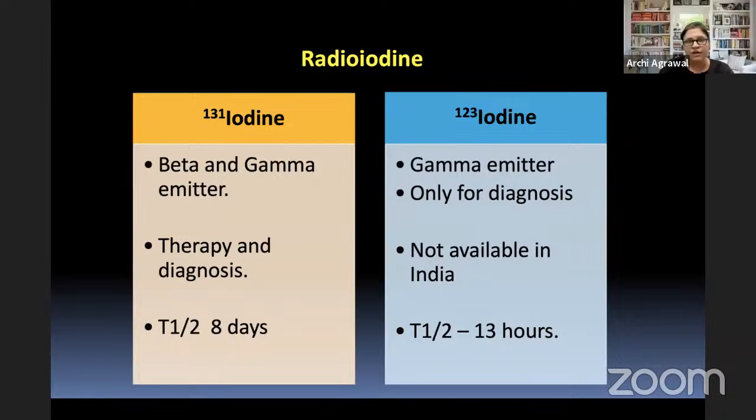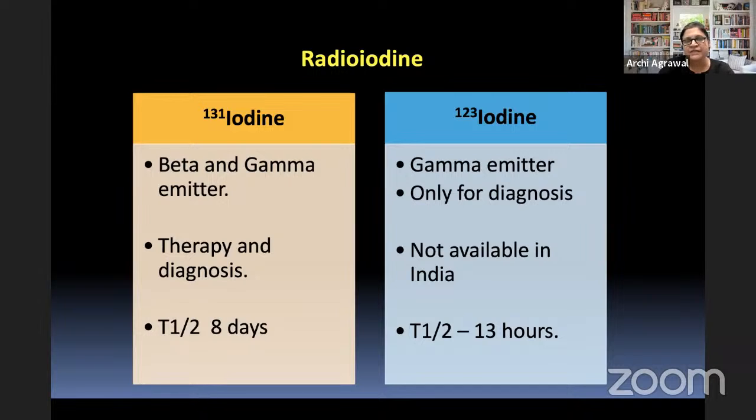Before going into the lecture, just a small input on what is I-131 and what is I-123. What we are dealing with and what is available in India is radioactive iodine, which is labeled with I-131 iodine. What you will read in your books is I-123 iodine also, but I-123 is a gamma emitter, so it is used only for diagnosis and is not available in India.